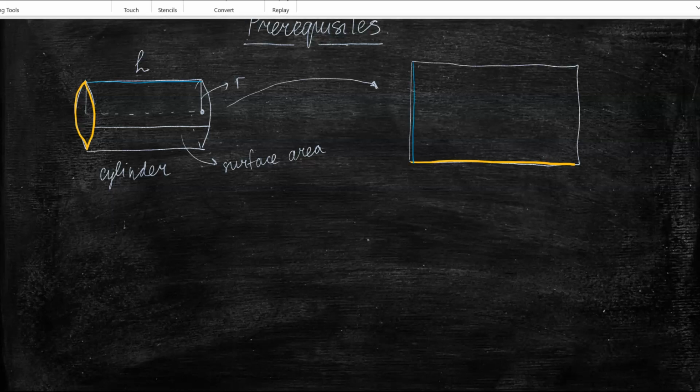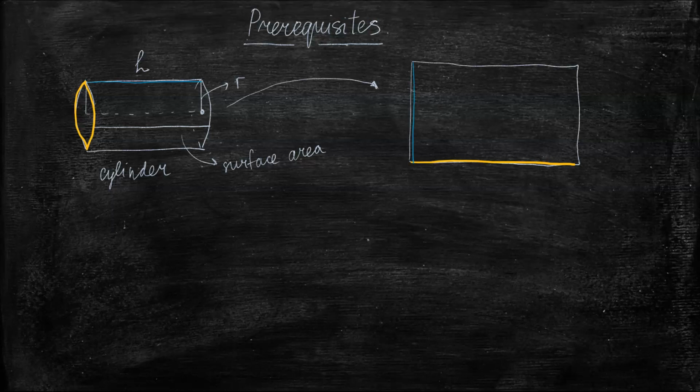And using the circumference of a circle formula, we conclude that this is 2 pi r, this is h, and the surface area now can be found by simply using this formula, base times height, so 2 pi r h. So we definitely know how to find the surface area of a cylinder.